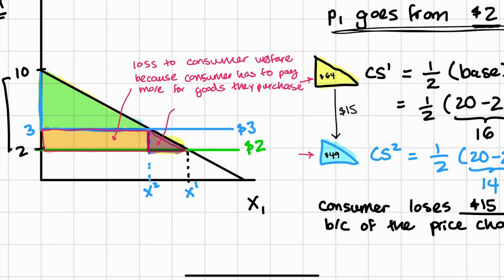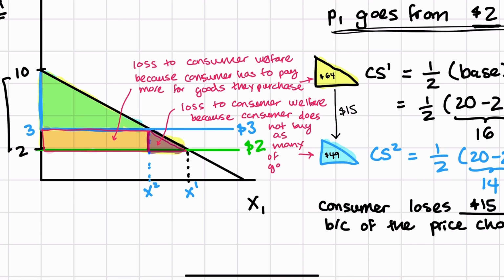This triangle over here is the loss to consumer welfare because the consumer does not buy as many goods. Does not buy as many of good one. This is the reduction.